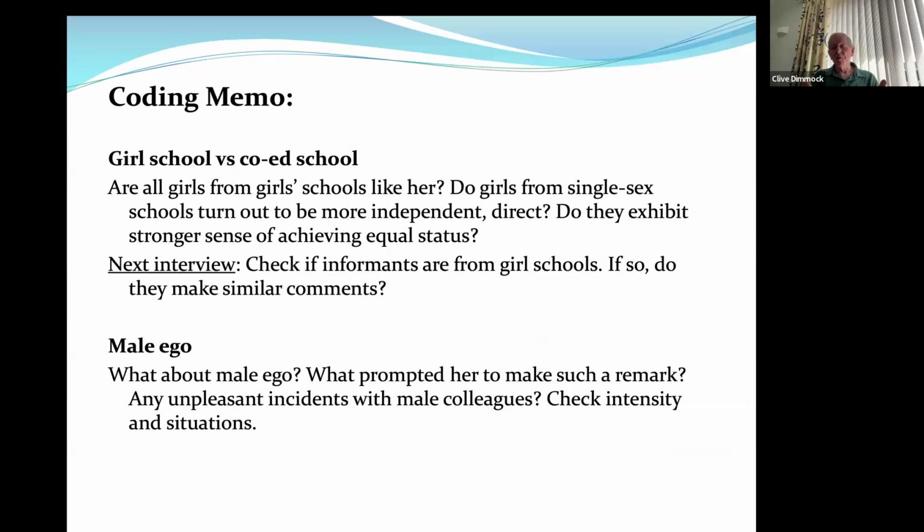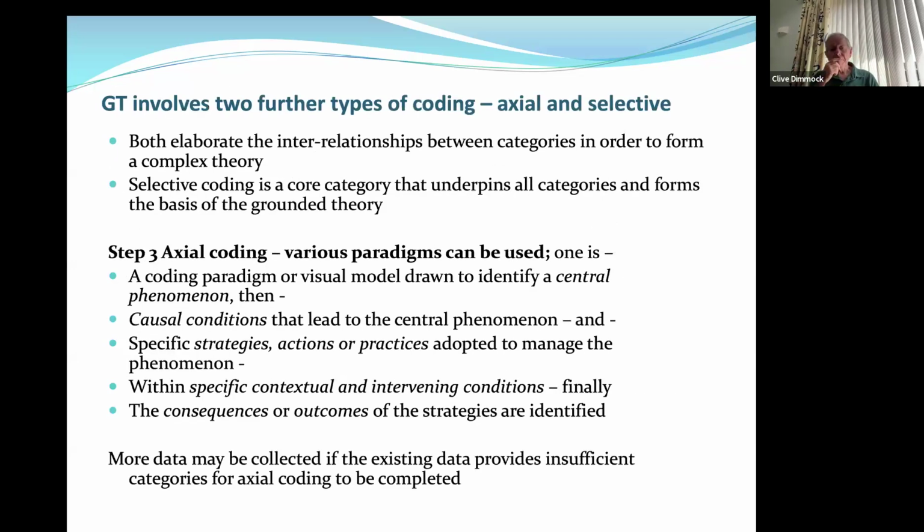She's found that the first one she interviewed went to an all-girls school. So she's raising questions. I need to find out from subsequent interviews whether these other senior academic women also went to all-girls schools. Do they have a view on males? Have they come across male chauvinism in their career paths and so on? So she's just raising these questions in her mind as she's analyzing the data.